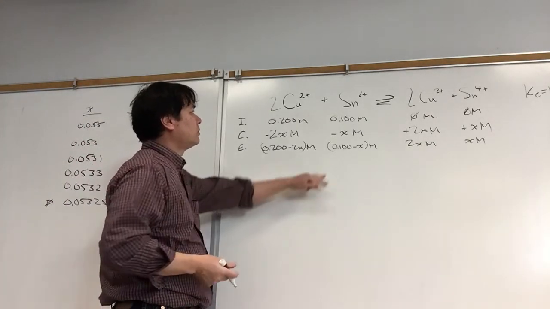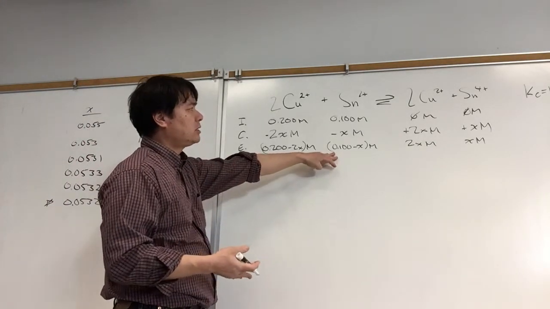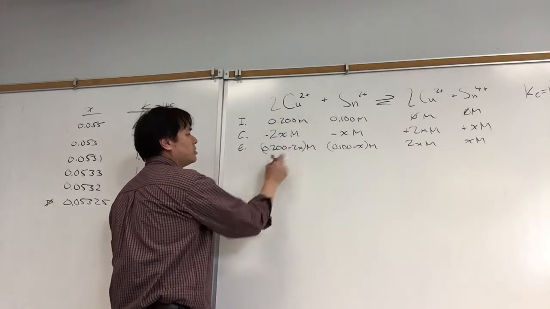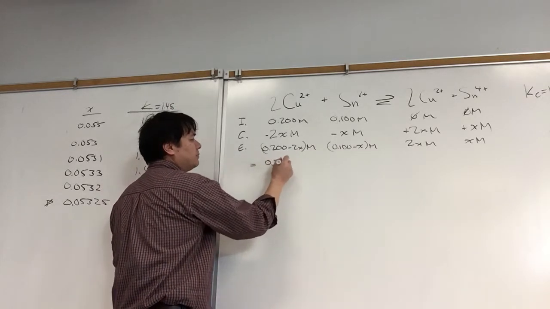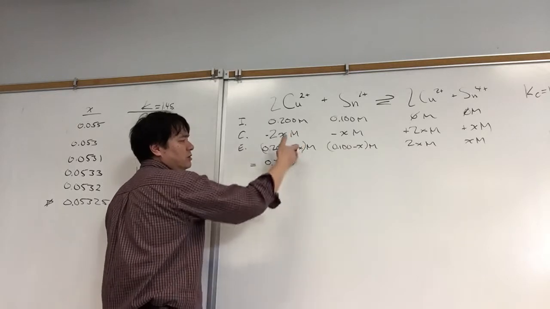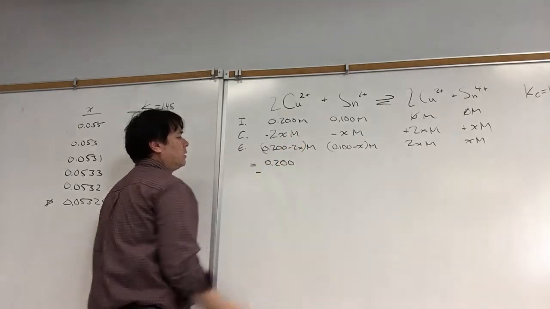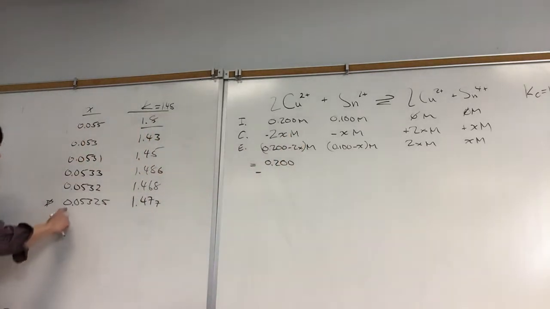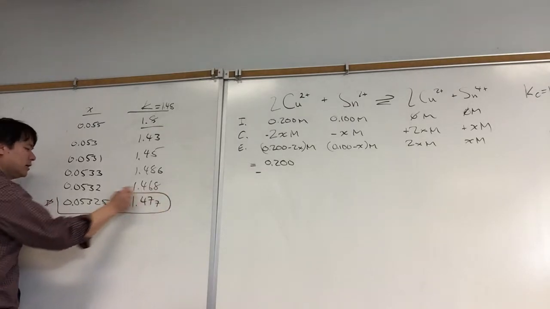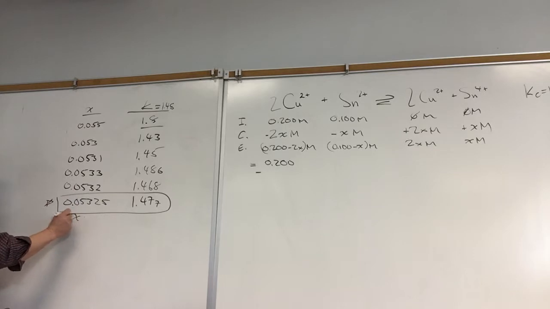What we're going to do is now we have enough information to calculate the equilibrium concentrations here. And so the way we set this up is, since for addition and subtraction you're looking at the decimal places, we just line it up like this. And so I need to do 2x, so I need to double this. So this is our x value here, 0.05325.